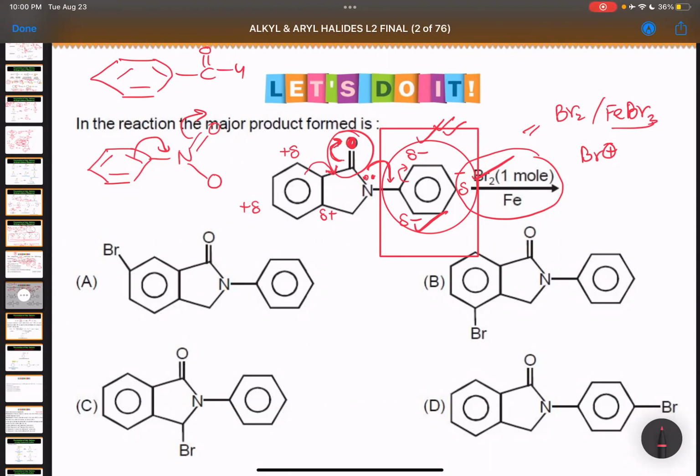Instead, they have a double bond, or a triple bond, and at the other end there is one more electronegative atom sitting. That electronegative atom will pull the double bond onto itself, and this group as a whole will try to pull the pi electron density from the ring. So the ring will have positive charge at the ortho position, and it will move toward the para and ortho. Okay. So that is why this ring is electron deficient.